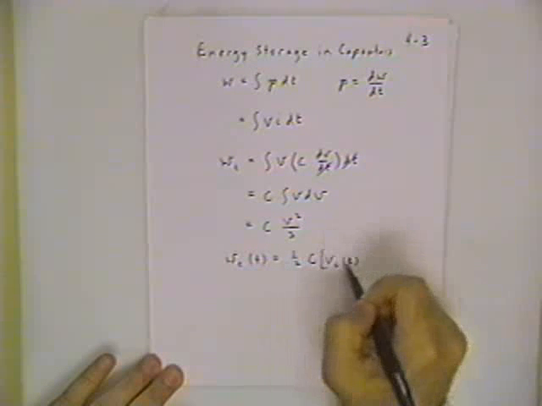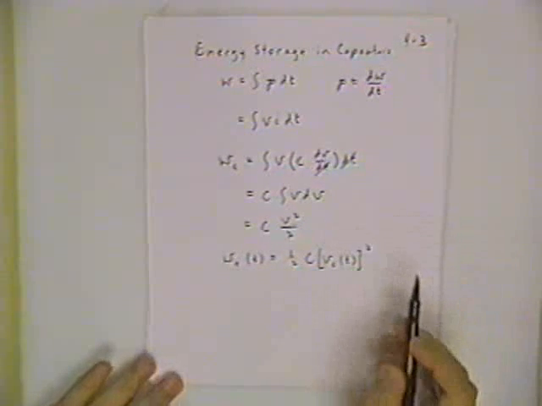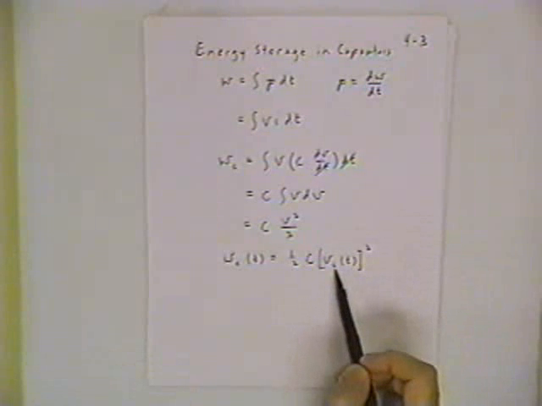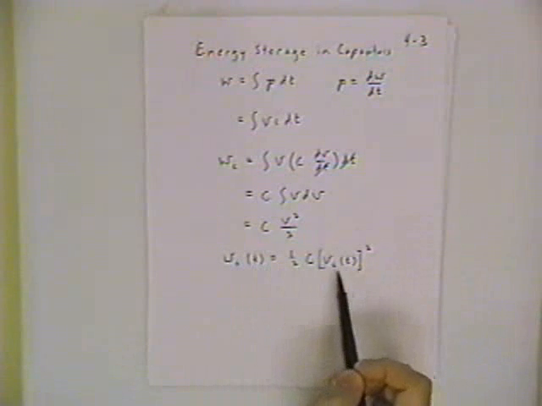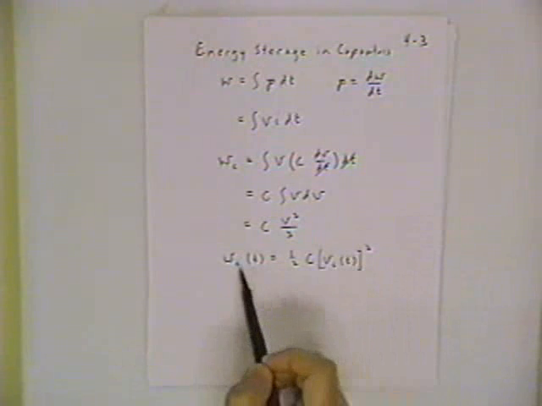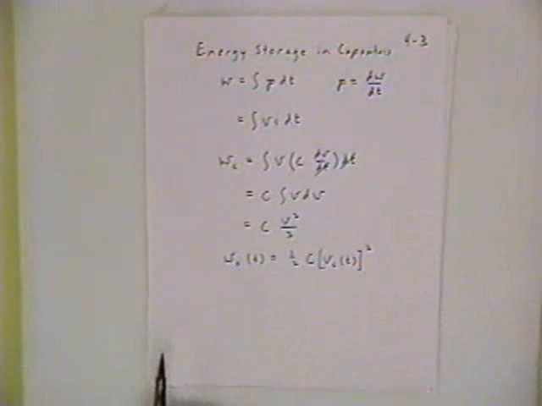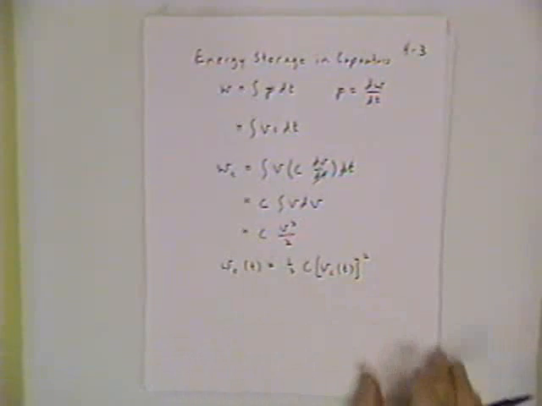And I put in all of the dressing here to remind you that it's a capacitor voltage function of time. It says at any instant t, if I know the voltage across a capacitor, I can figure out the energy stored in it. And remember that that energy is stored in the form of electric fields.